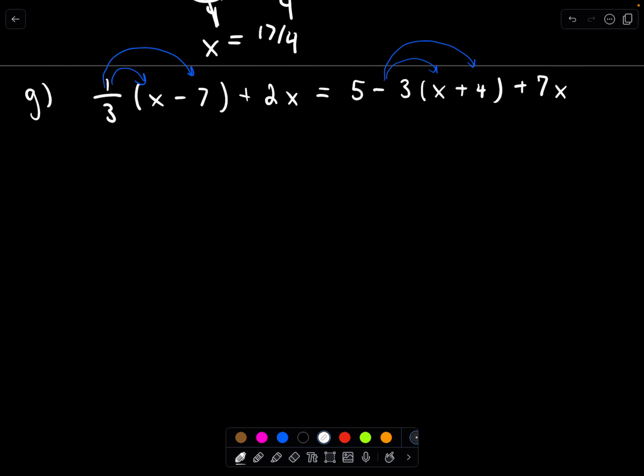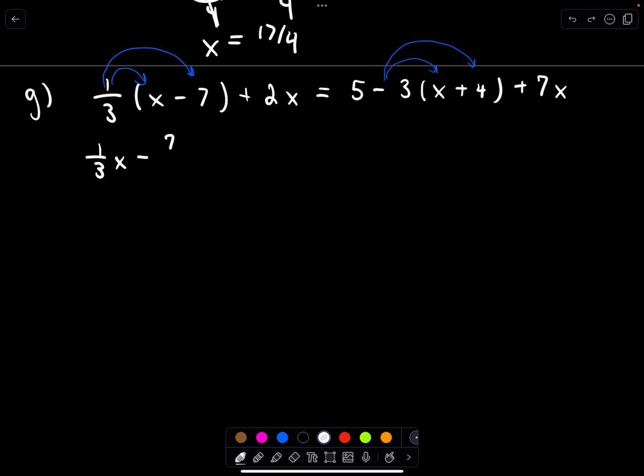So 1/3 times x, well, that's just 1/3 x. And then I would have negative, so I'm doing a positive times a negative. That's giving me my negative sign. I would have 1/3 times 7, which I can write as 7 over 1. So I'm just multiplying across the numerator and across the denominator.